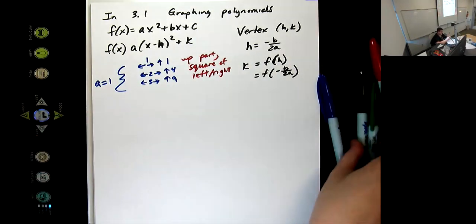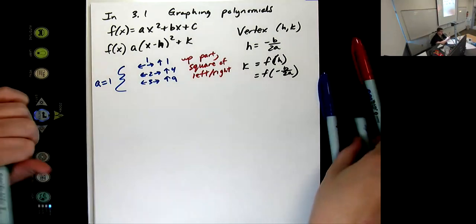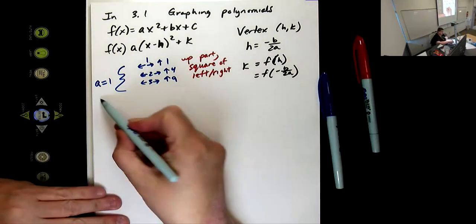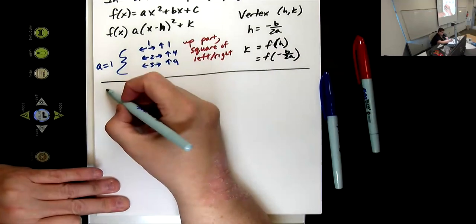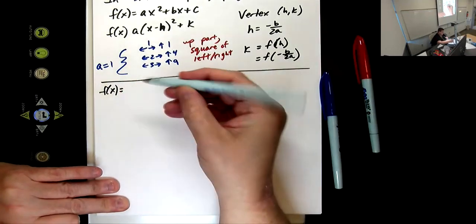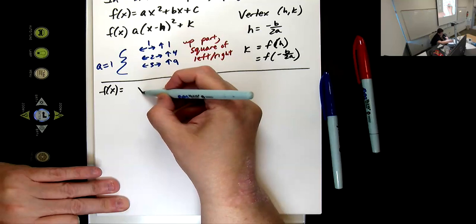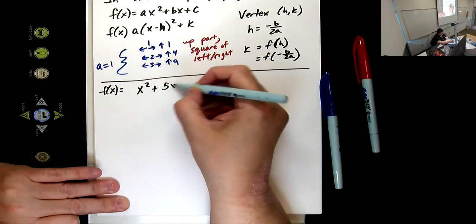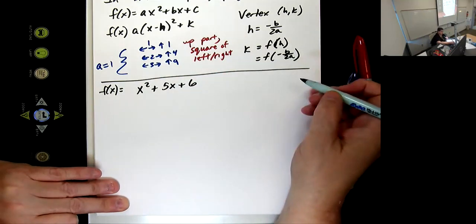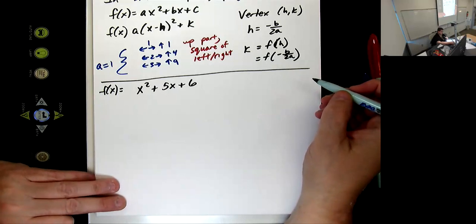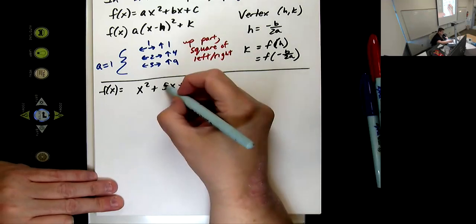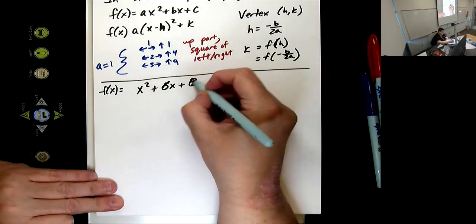Let's just look at an example. Change that to x squared plus 6x plus 8.